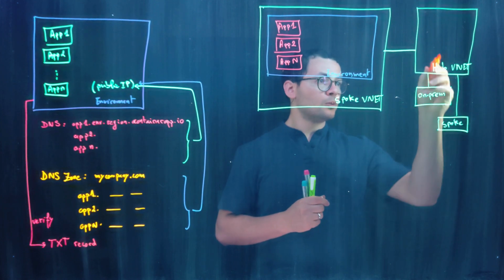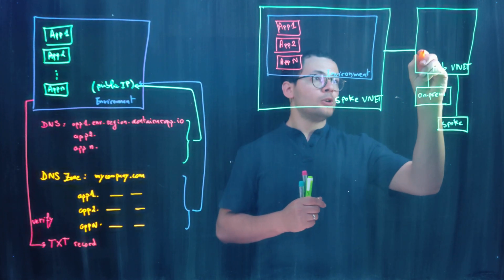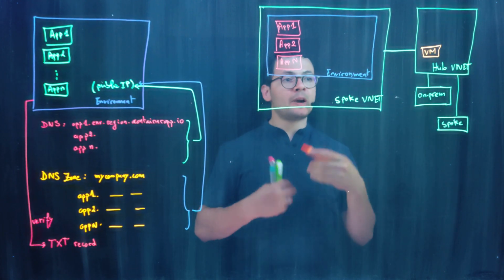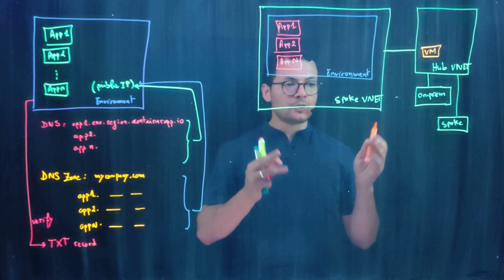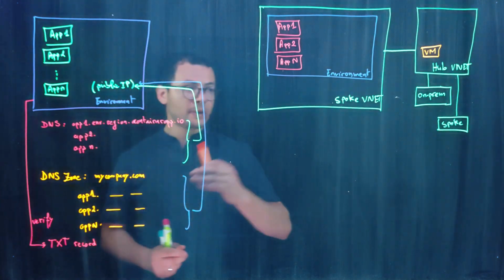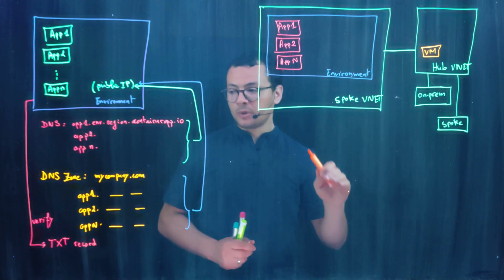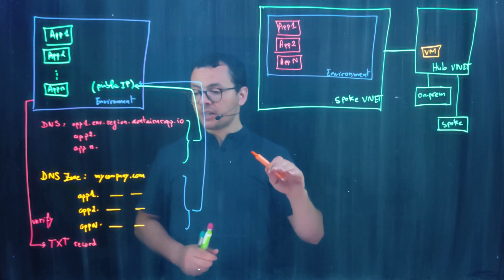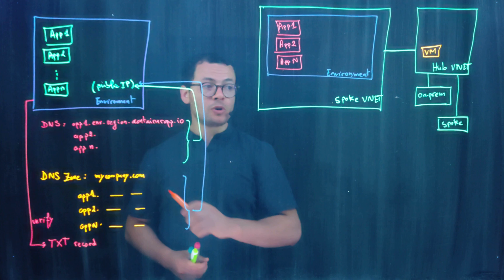And then we want those networks, including the hub, to be able to resolve the private application through a private custom domain name. So in this case, if we try to implement this same solution here by creating our own custom domain name and a DNS zone, then adding those records to each application, actually this solution will not work.